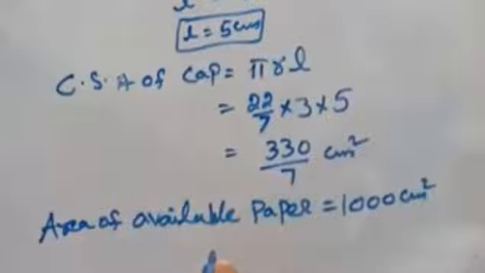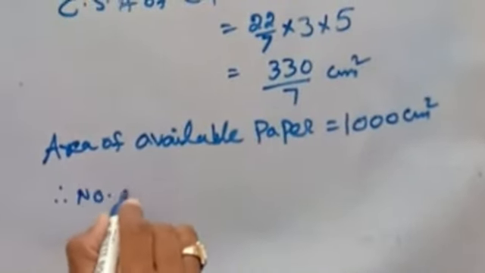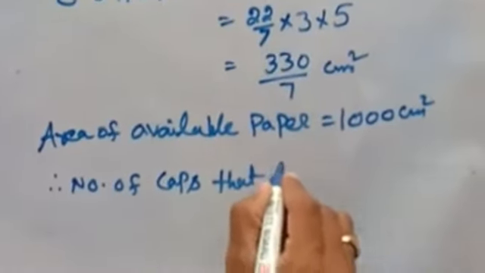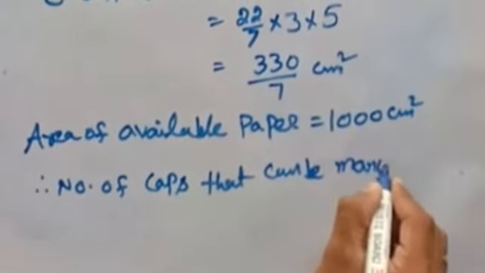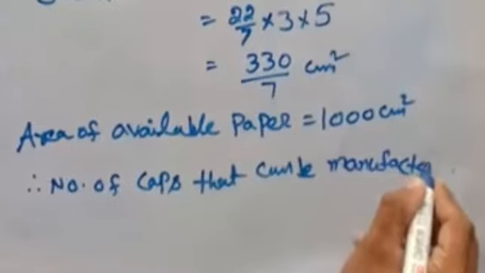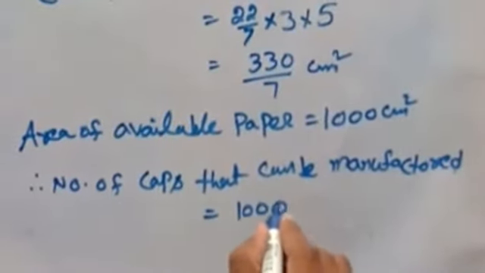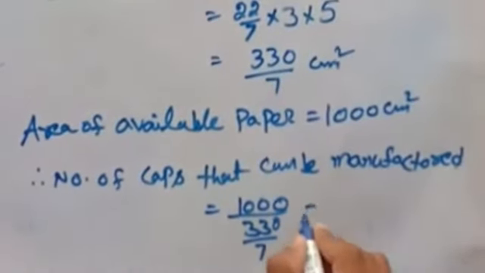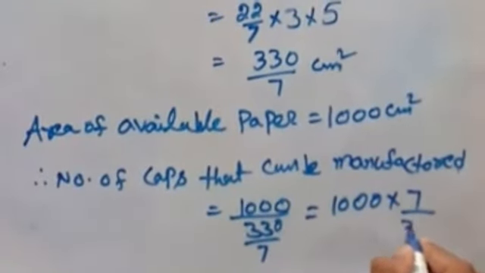Therefore, the number of caps that can be manufactured is equal to 1000 by 330 by 7, that is equal to 1000 into 7 by 330.